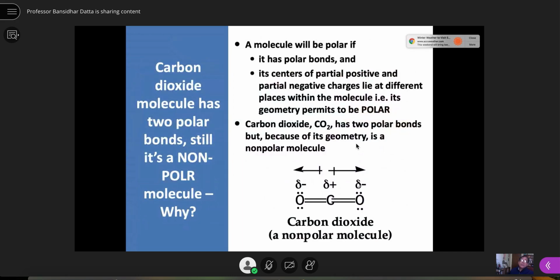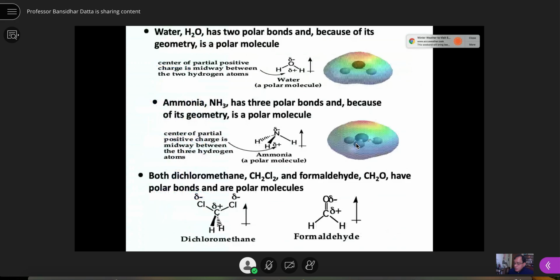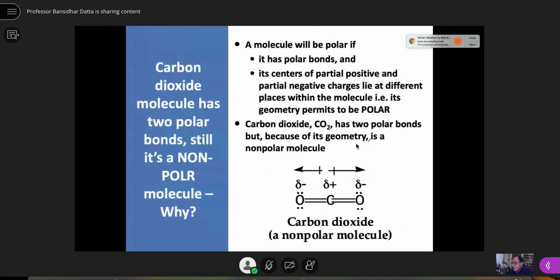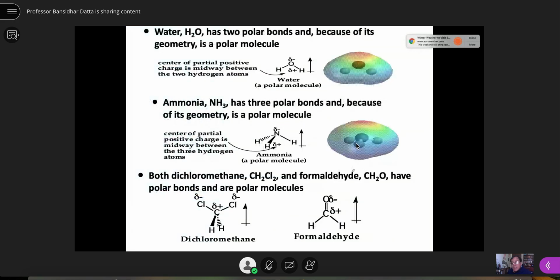Carbon dioxide molecule has 2 polar bonds, still it's a non-polar molecule. That's basically the question I will ask. Why? The answer is, it has 2 polar bonds, but its geometry is symmetrical. The 2 opposite forces, one pulling in this direction, one pulling in the other direction.